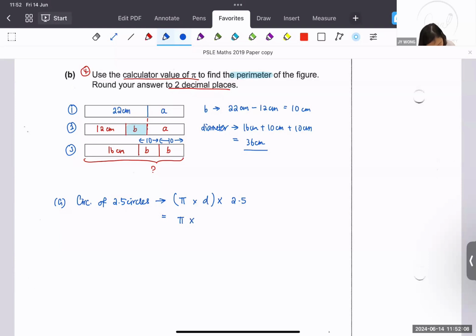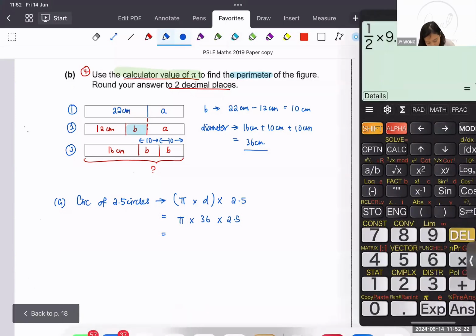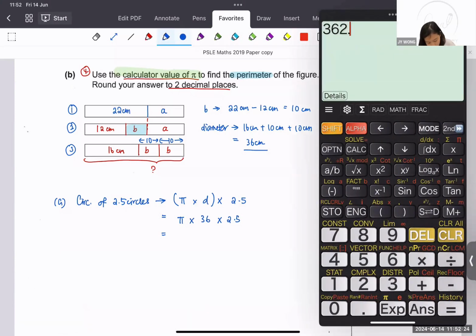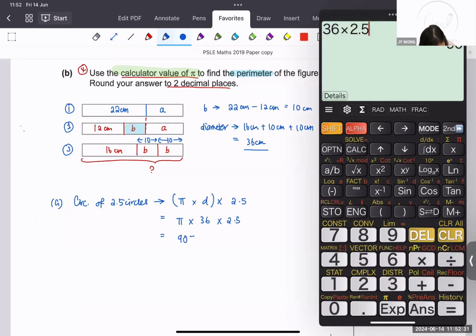Diameter in this case, we already found is 36, times 2.5. Now they say leave your answer in terms of pi or use calculator. Use calculator, right? So what we will do is we will calculate in terms of pi first. 36 times 2.5. You leave it this way first, which is 90 pi. We will evaluate in the last step.